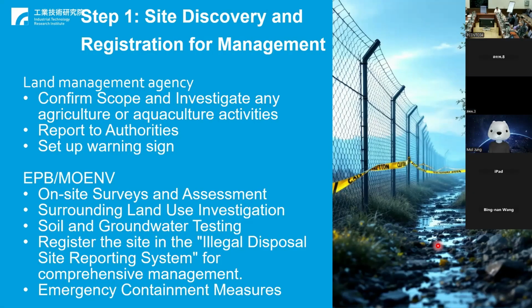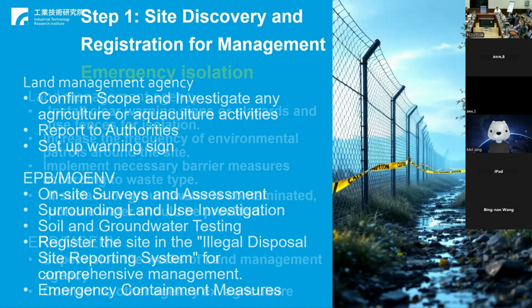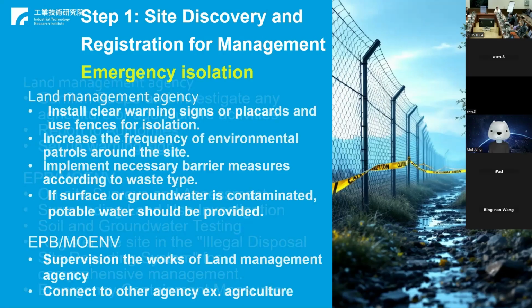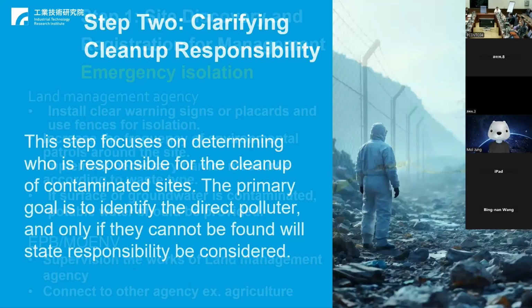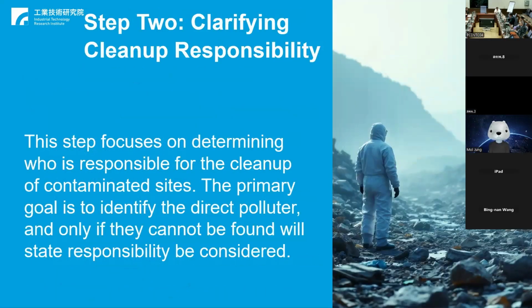And step 2 is to clarify the cleanup responsibility. The primary goal of this step is to identify the direct polluter. The land management agencies, local governments and the Minister of Environment assist in the investigation and evidence collection.